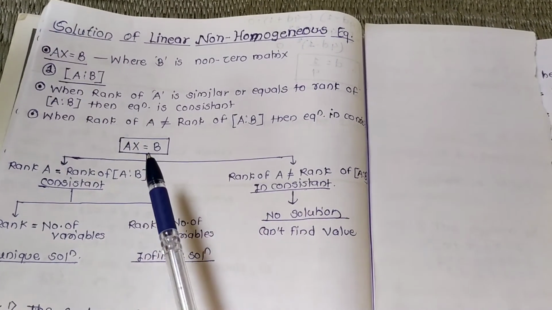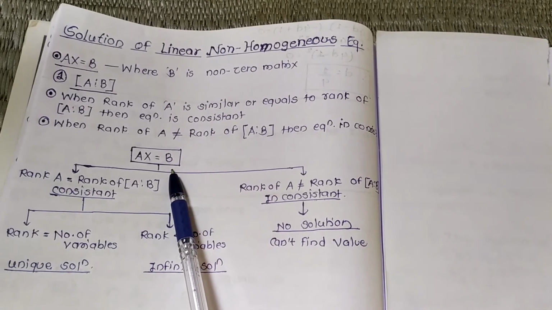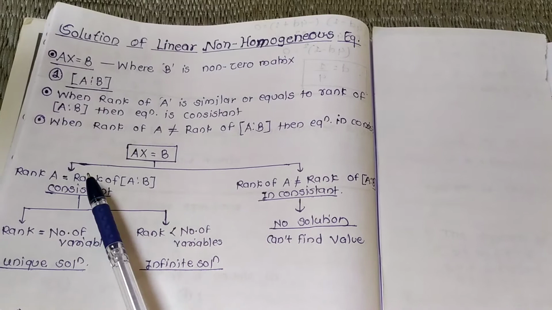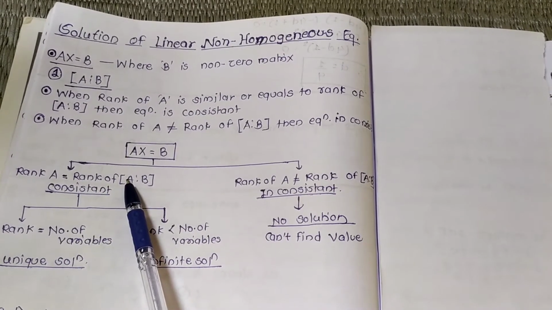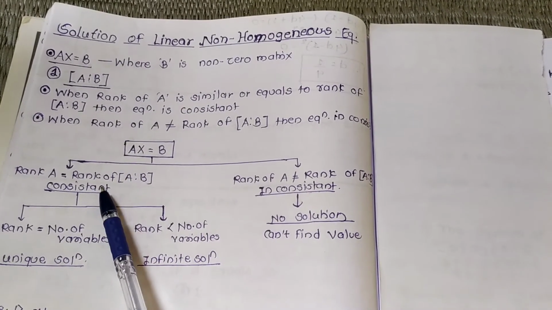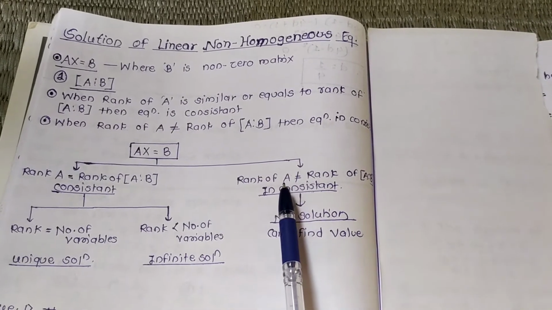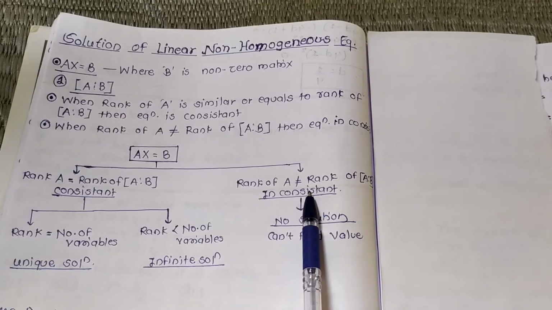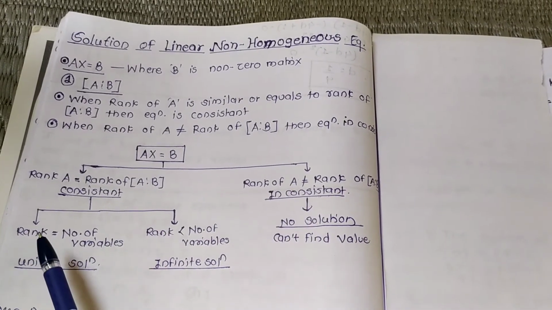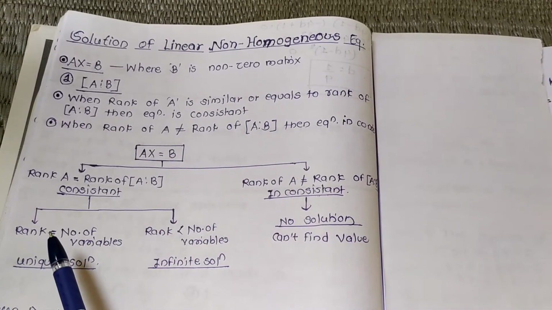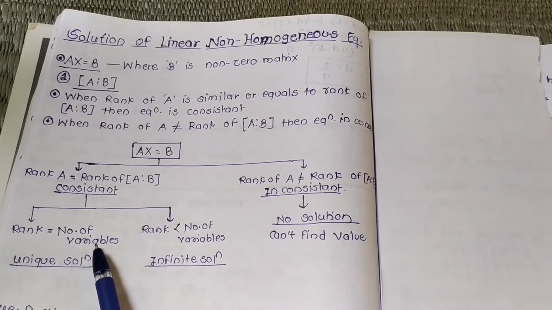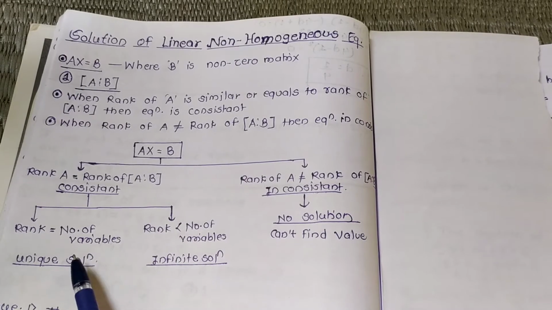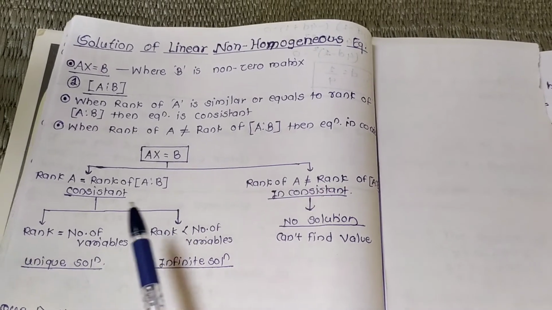Now, see this chart, AX = B, where B is a non-zero matrix. If rank A is equal to the rank of the augmented matrix, then it is consistent. And if rank A is not equal to the rank of the augmented matrix, then it is inconsistent. Now, if the rank is equal to the number of variables, then we have a unique solution.